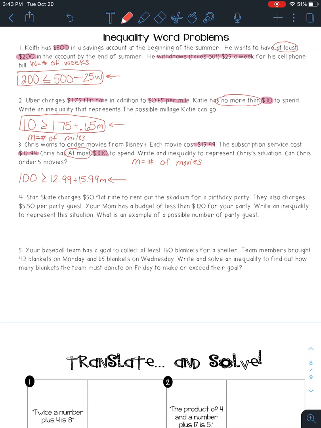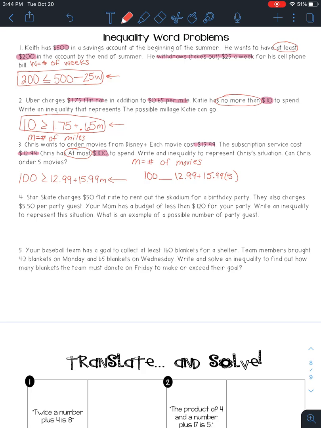So let's see. We've got our $100. We're going to see if that is less than $12.99 plus $15.99 times his 5 movies. So I'm going to plug that in my calculator right now.